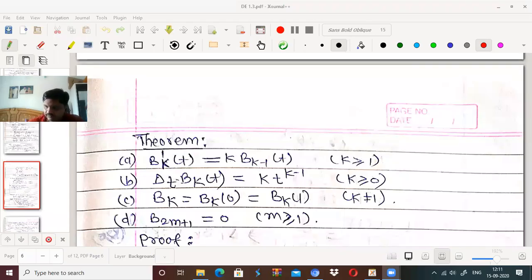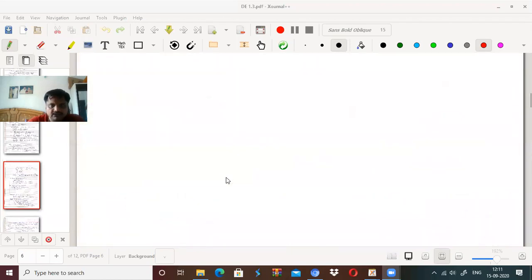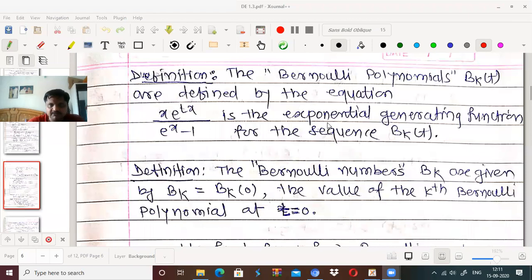So let us start today's topic. In the last lectures, we have seen the concept of Bernoulli polynomial, that is Bk(t), and Bk(t) is what?